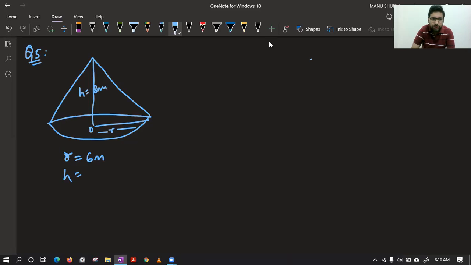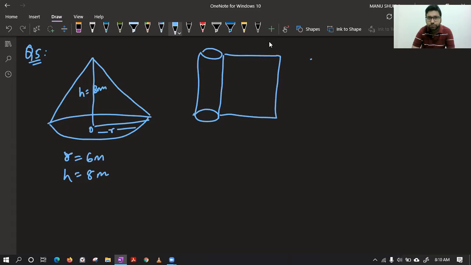So here also you can write height is 8 meters. And there is a roll of tarpaulin. You went to a shop and they are saying that the tarpaulin width is 3 meter. They want you to tell how much length you require.